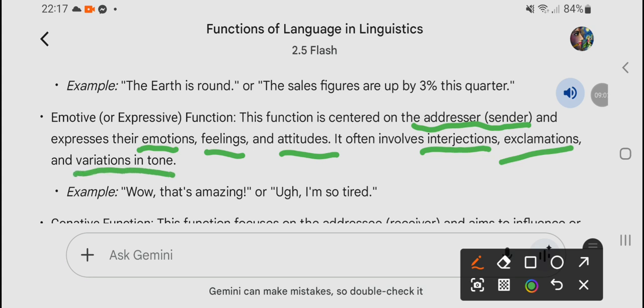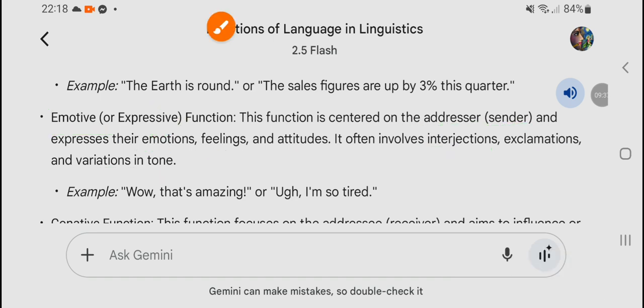Or suppose I have variations, that's a no, no, no. These are different variations in tone. Now examples are: wow, that's amazing, or oh, I am so tired. So these kinds of emotions are called emotive or expressive, which is another function of language.